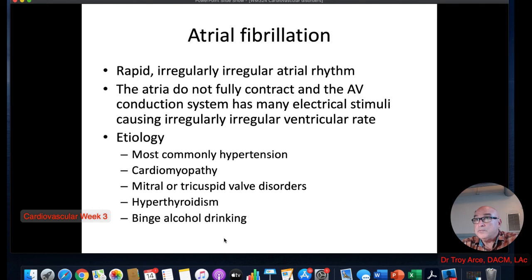Is the tricuspid on the left or right? Also hyperthyroidism, because with hyperthyroidism, what? We have an increased heart rate. Binge alcohol drinking, I think we talked about that earlier, can cause an increased heart rate. So be aware of that.